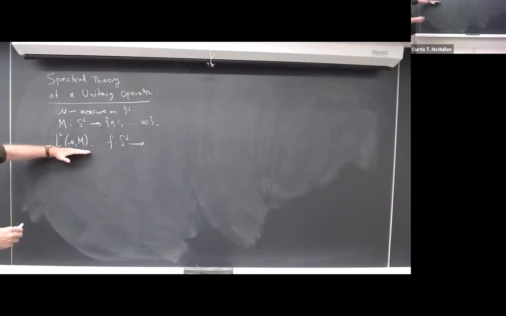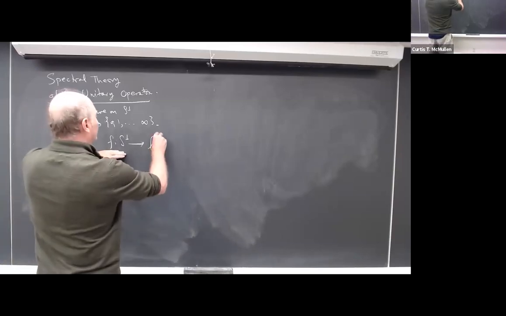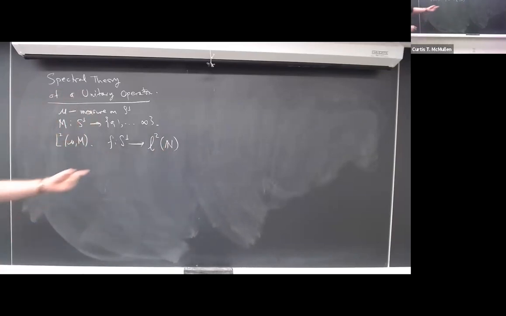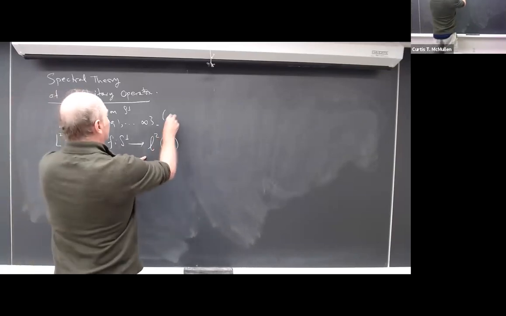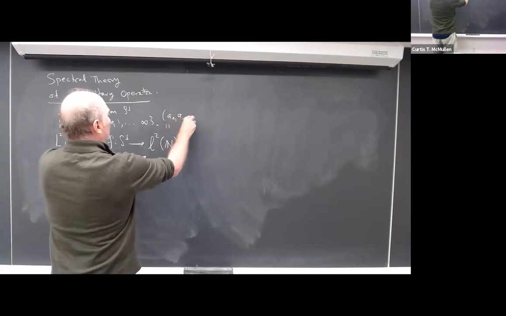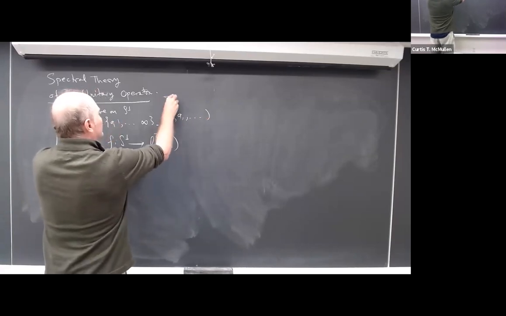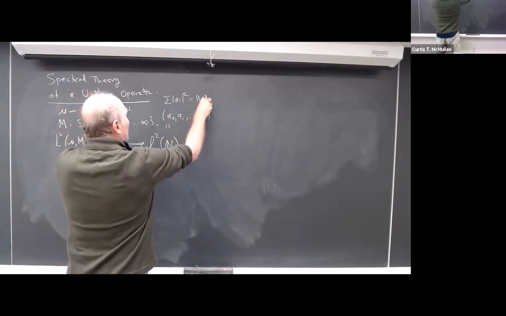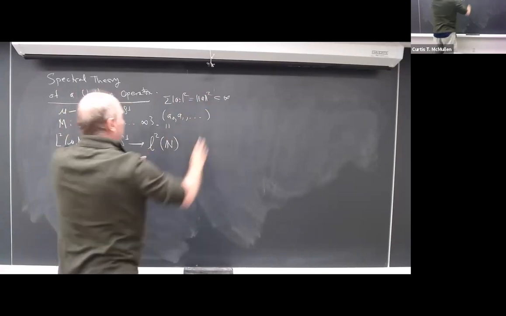So the Hilbert space associated to these two notions will be maps from the circle into little L2 of the natural numbers. Let me remind you what this is. This is just the set of sequences A0, A1, etc., such that the sum of the absolute value of the Ai squared, which is the norm of A squared, is finite.